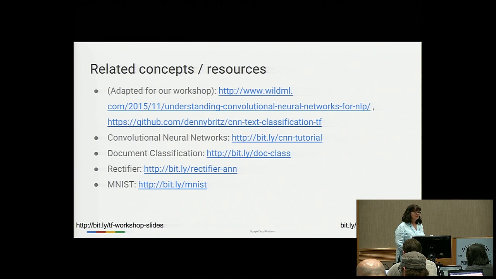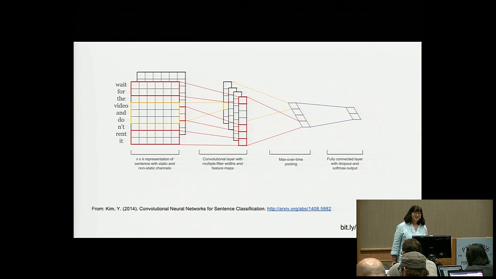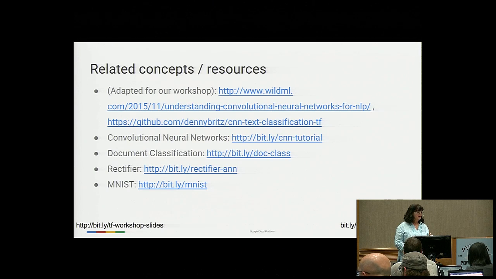What we have included in the repo that we hope you will play around with is a fun application of that. We have an adapted version of a convolutional neural net for text classification code, not built by us, built by a guy named Denny Britz, who has a nice write-up that goes along with it.